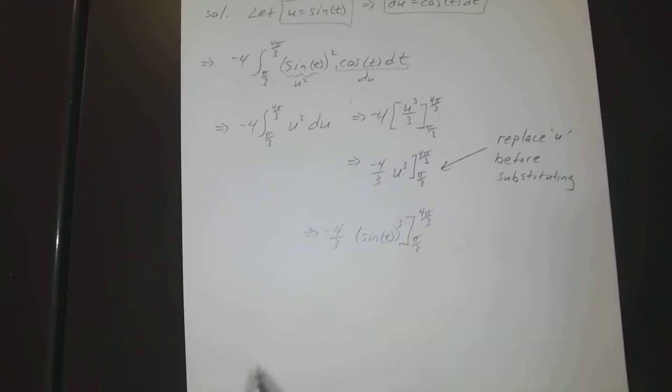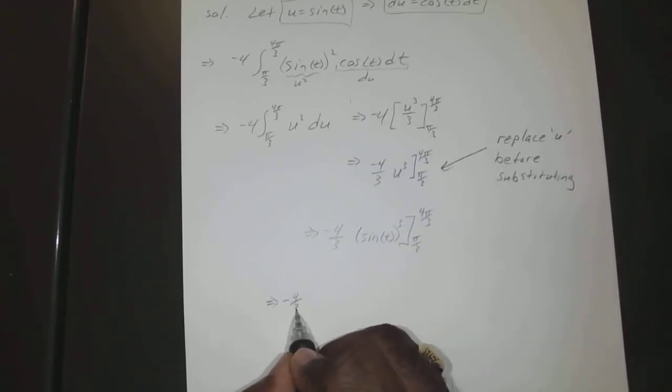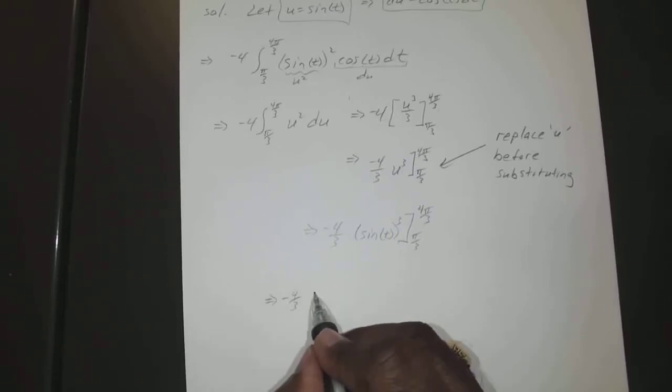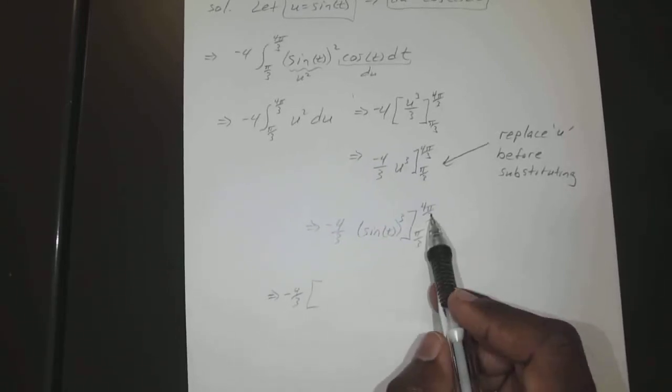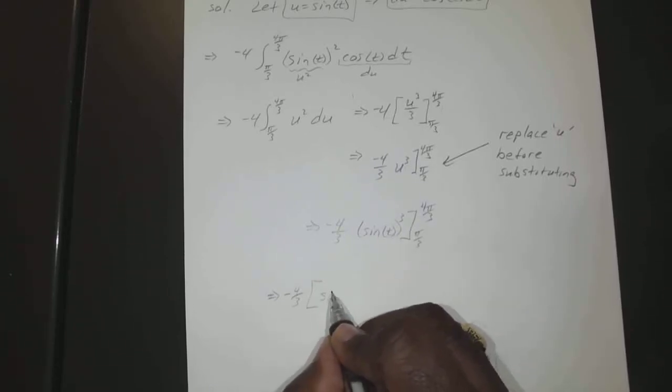Okay, so we plug in our 4 pi over 3. So we have -4 over, nope, actually, 4 pi over 3. Yep, okay, so I'm good. Okay, so we have -4 over 3 times sine of 4 pi over 3 cubed.